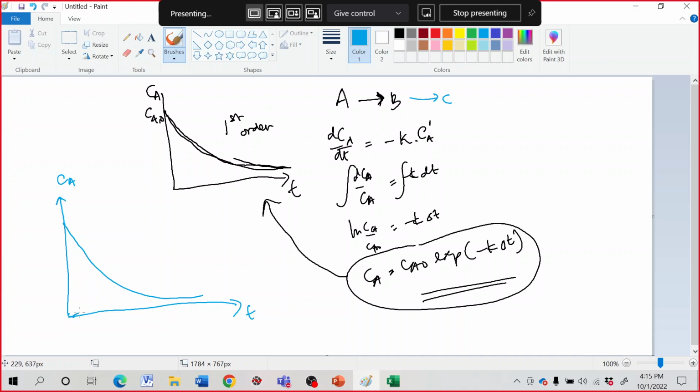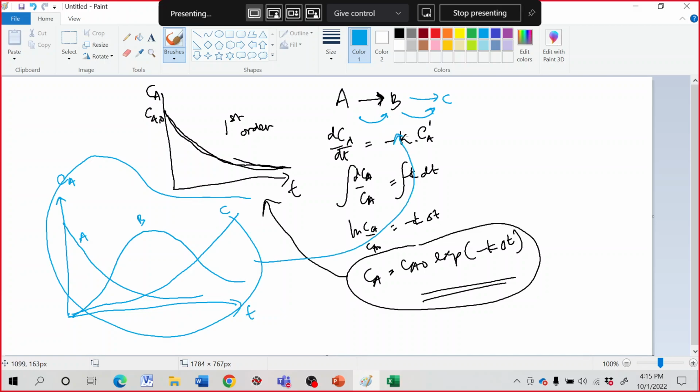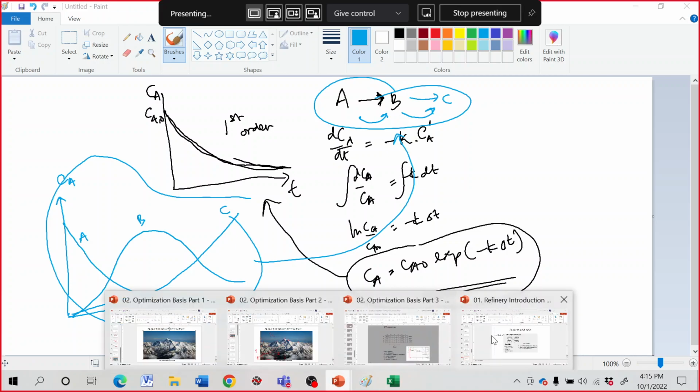It will go up until like that, and then it will go down because it is consumed to C. We make B from A, and then that B is going to produce C, and your C will become something like this. Okay, so this is the A, this is the B, this is the C. So this is this whole thing. Just to give you an idea of what we are talking about, because we're going to need this concept in a moment.